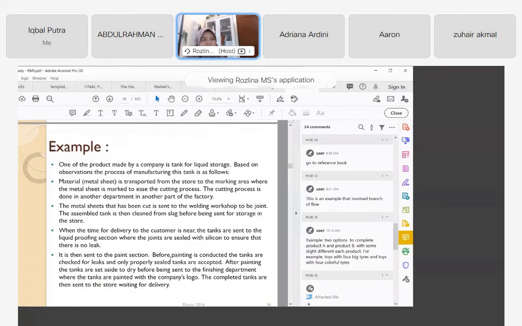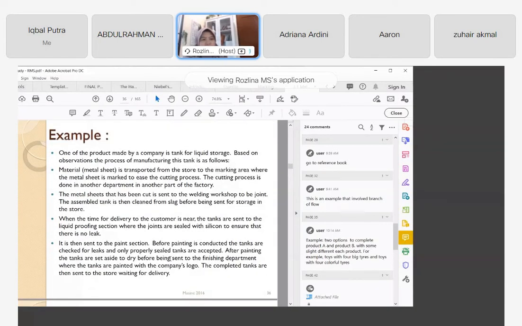Now we go to this exercise. One of the products made by a company is a tank for liquid storage. Based on observations, the process of manufacturing this tank is as follows. First, the metal sheet is transported from the store to the marking area where the metal sheet is marked to ease the cutting process.